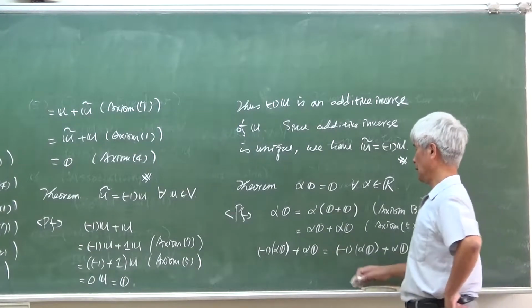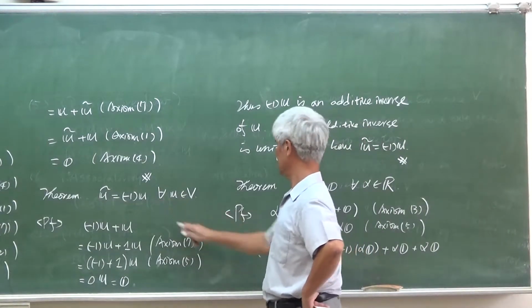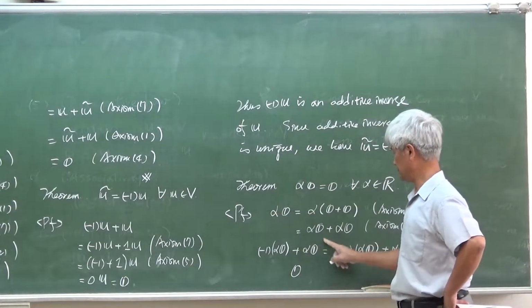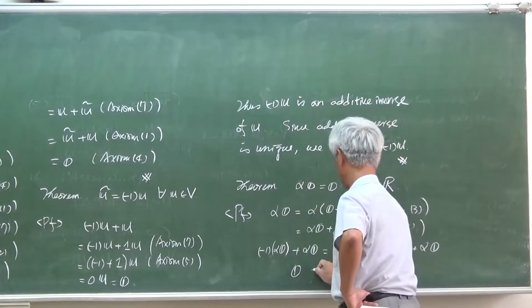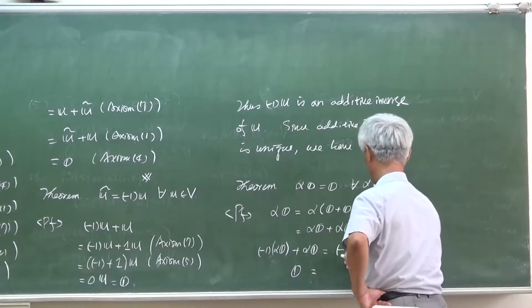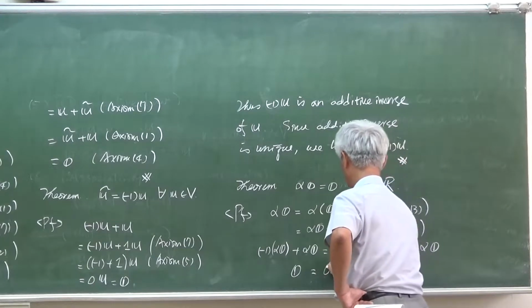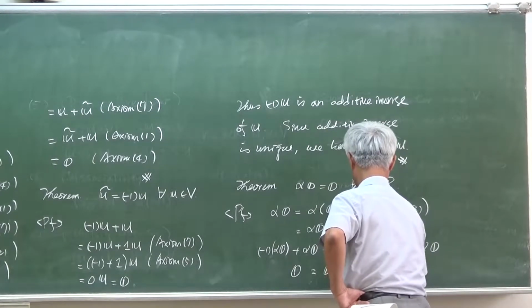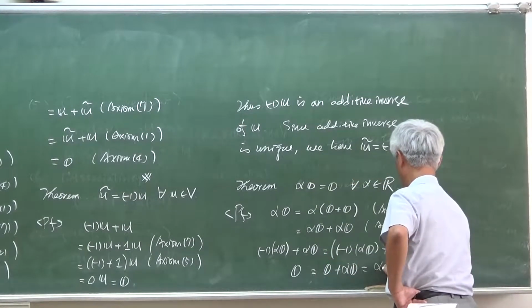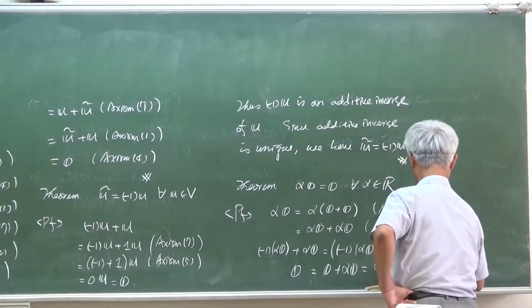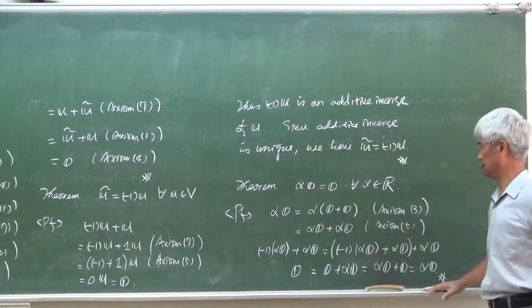Okay, and we know that this is 0, right? Because this is the inverse of this vector, so this is the 0 vector. And we use associativity, so we have that. Okay, and this is alpha 0.